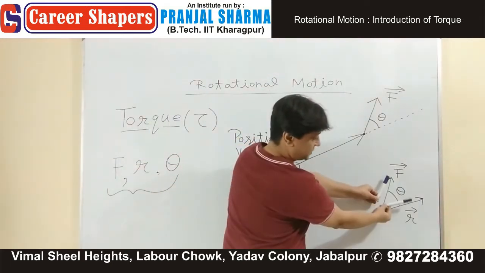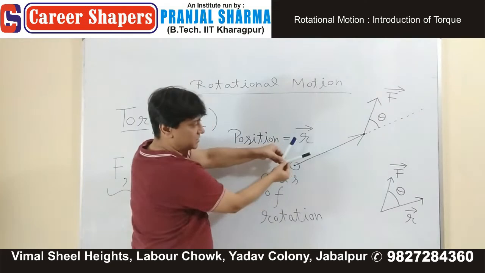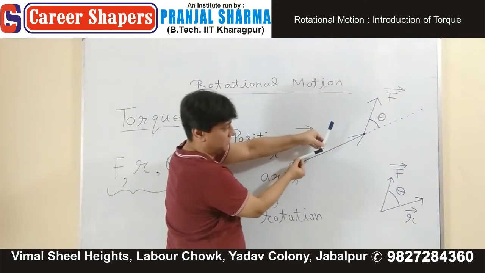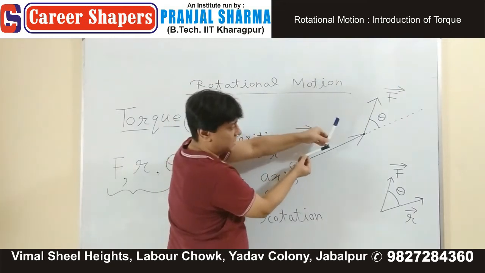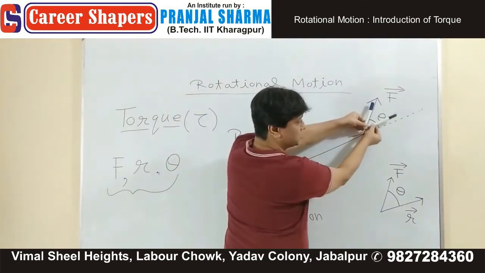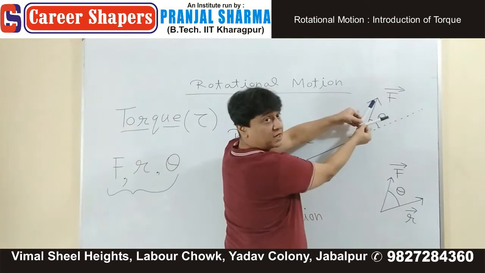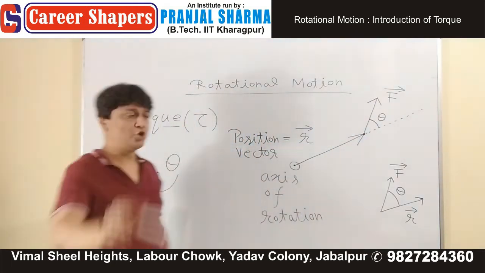This is F, this is R. In the real setup, this is F. We have found that this angle is theta. Force is acting over here. Produce this line. This angle is theta. Simple geometry.